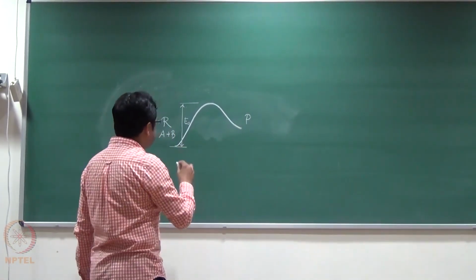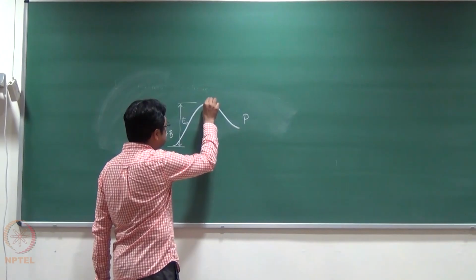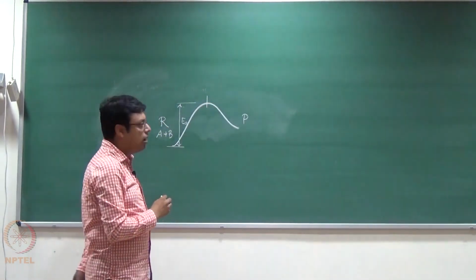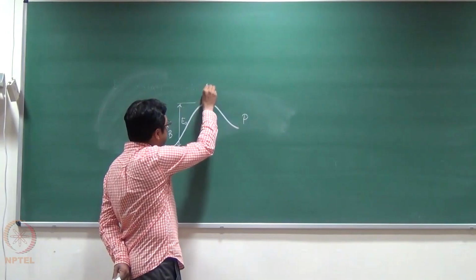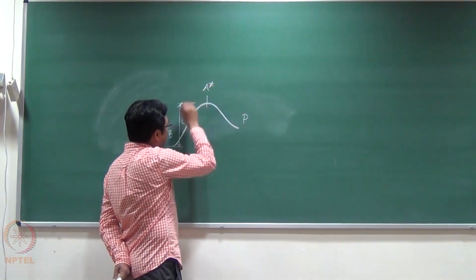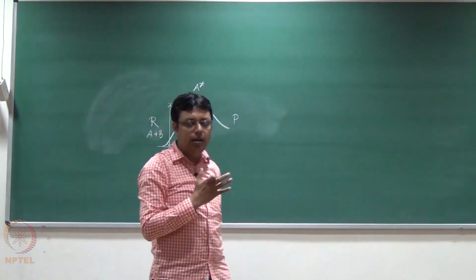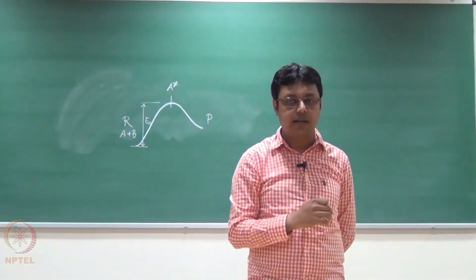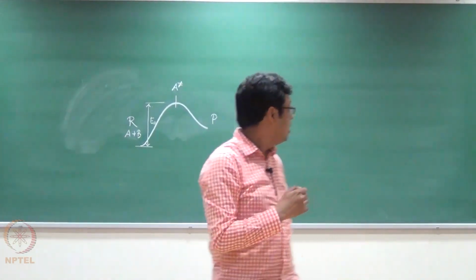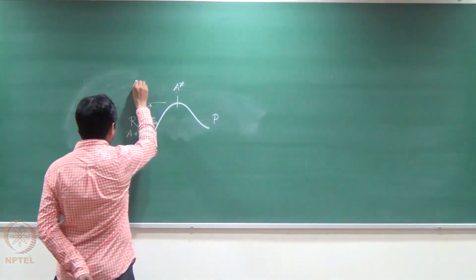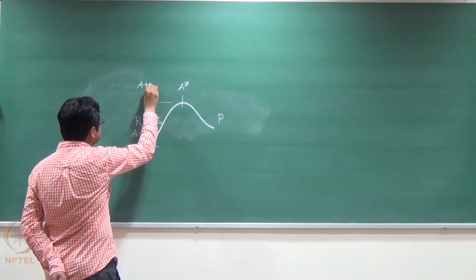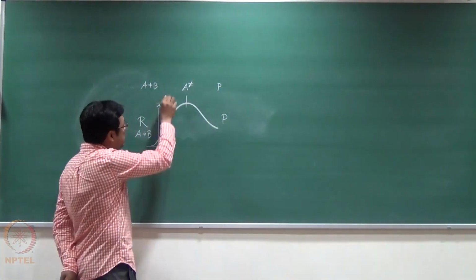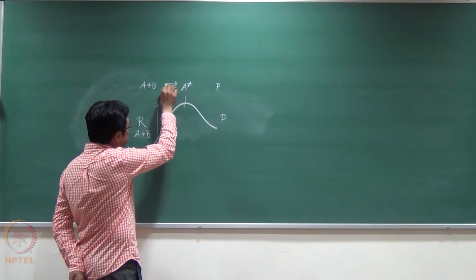The dynamics can be thought of as going through a transition state, which exists between the reactants and the products on the potential energy surface, so the reaction A plus B going to product goes through a transition state.